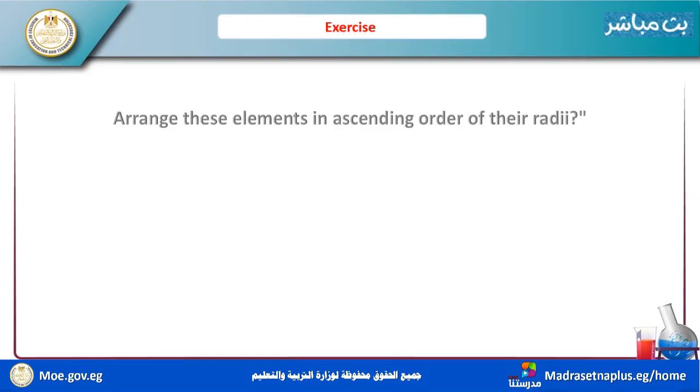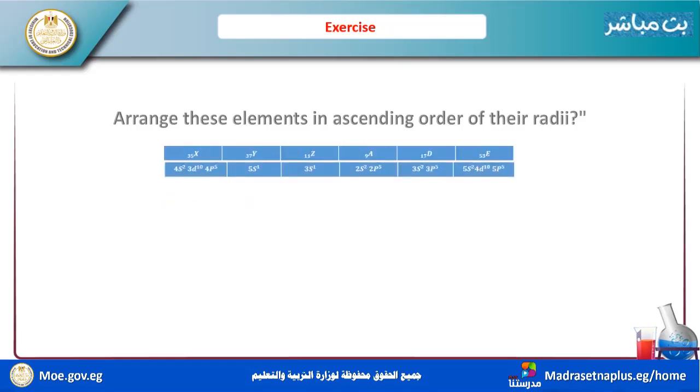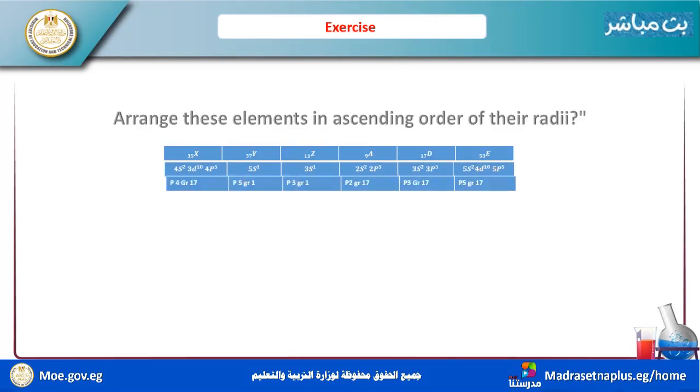Next question, arrange these elements in ascending order of their radius. Now we have many atoms. After the period comes the group number. Now we make electronic configurations of some elements. Number 1, X 35, Y 17, Z 11, A 9, and D 17, E 53.